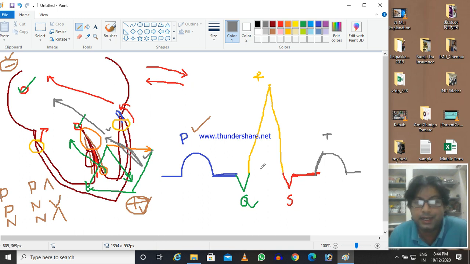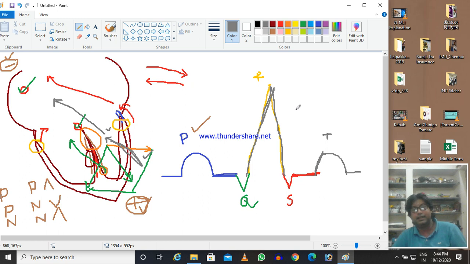Because the depolarization of the ventricle generates a large electrical signal, and that suppresses the repolarization of the atrium. This is called the masking effect. So basically this is the very simple mechanism of ECG.